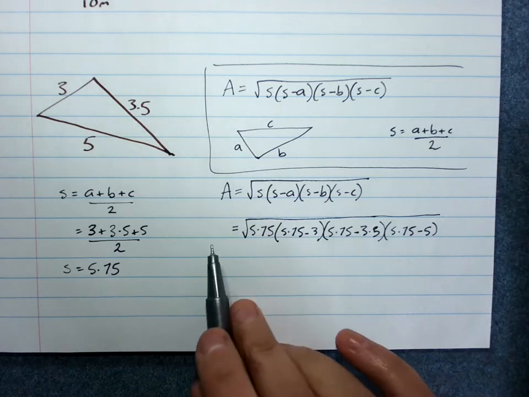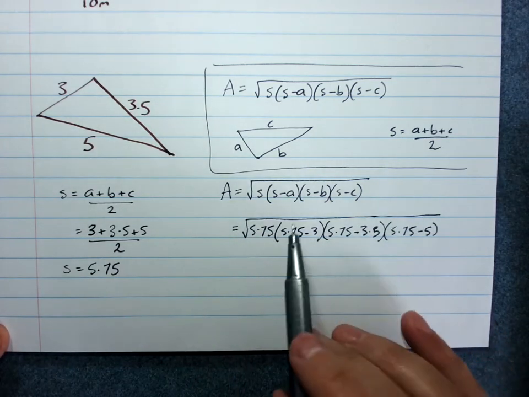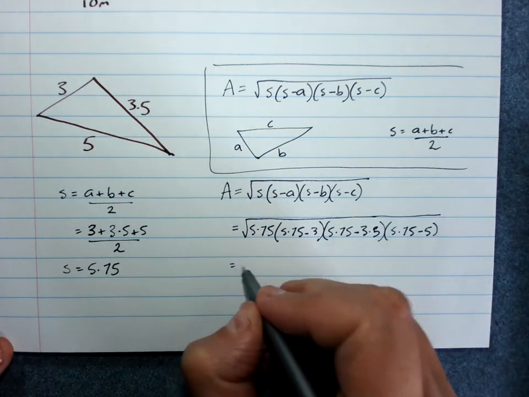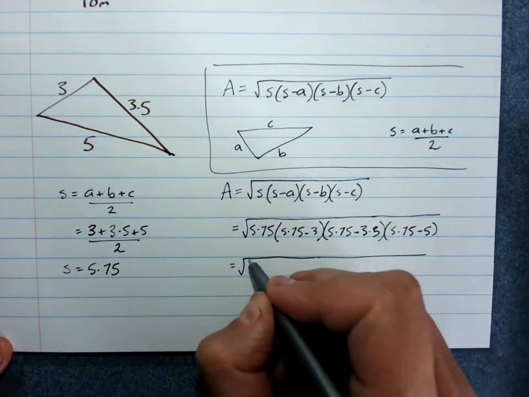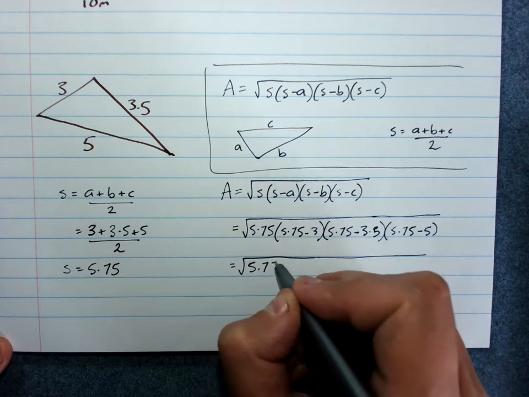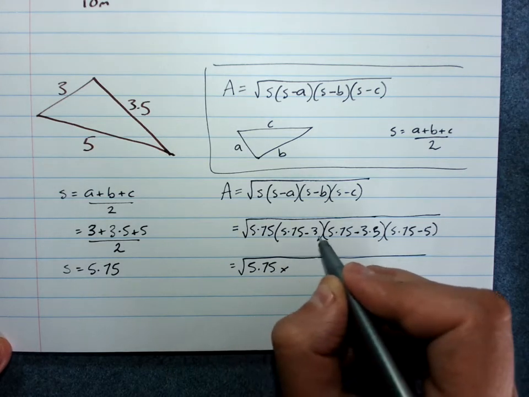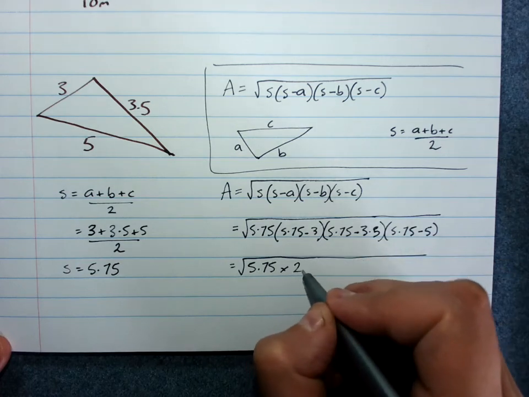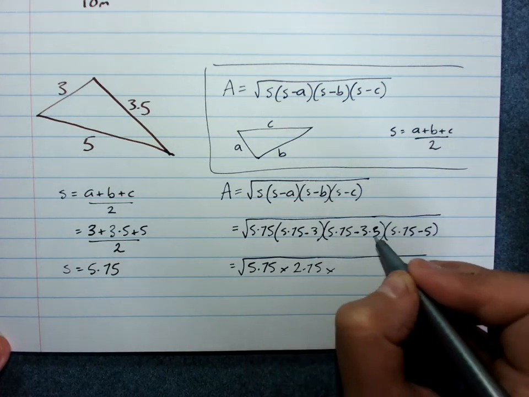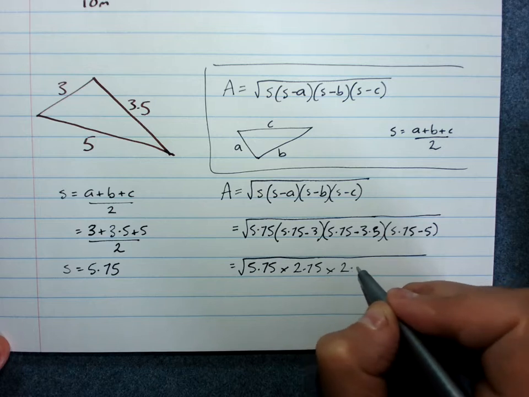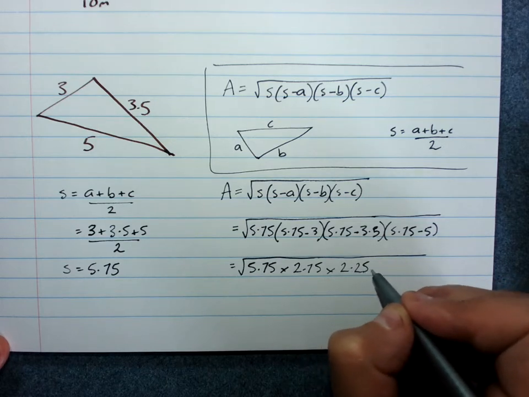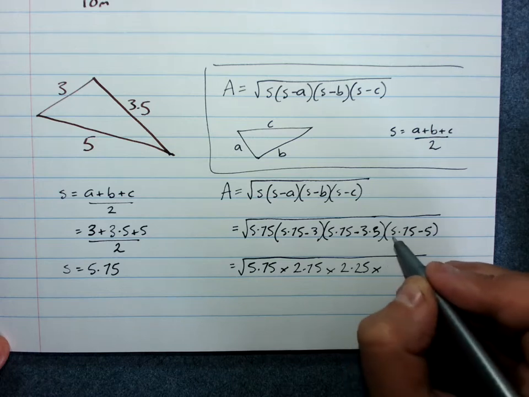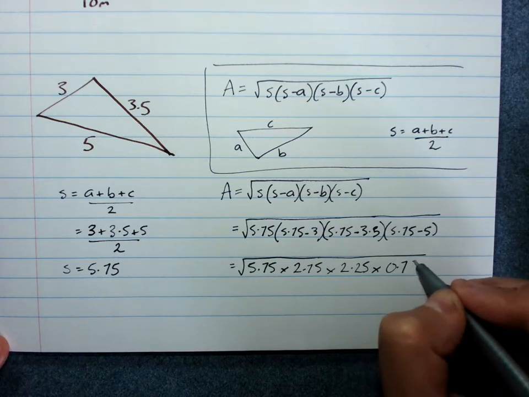Now you can just type it in all like this, the square root and underneath the square root sign all of this, or you can show your next line of working. 5.75 times, because this subtraction is usually pretty easy, so 5.75 minus 3, that's 2.75, times 2.25 times 0.75, obviously.